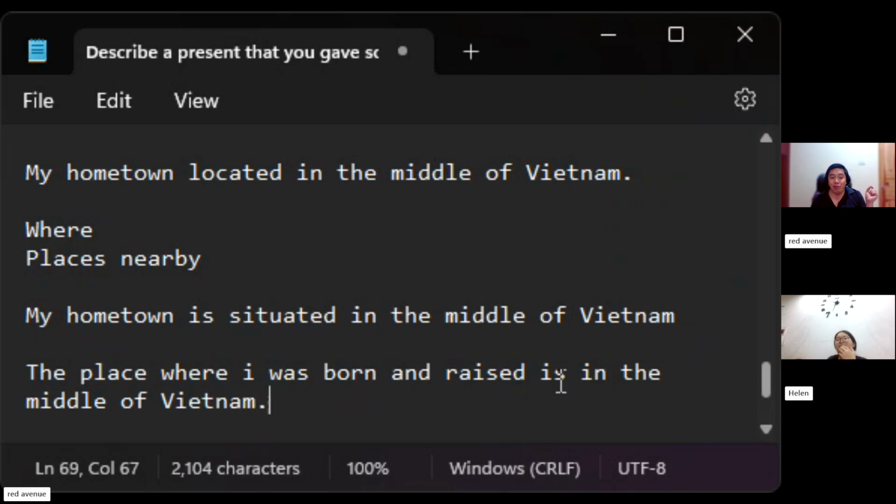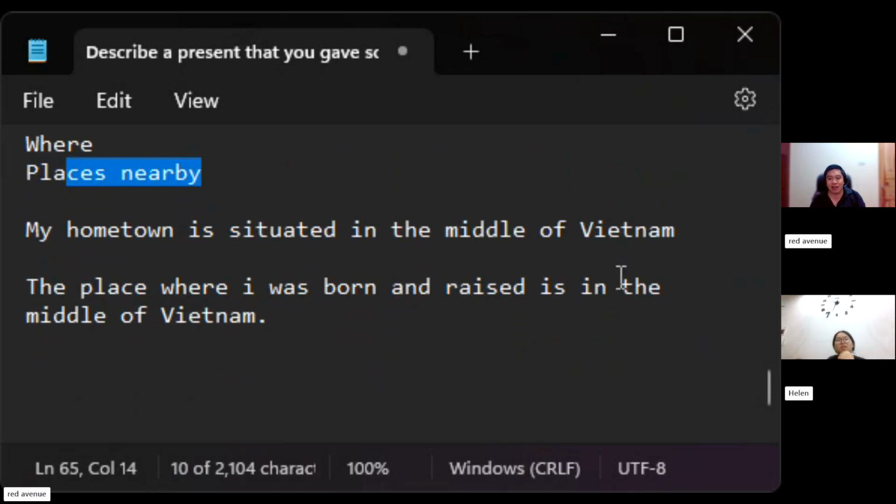Now, we tell the places nearby. What are the places nearby, Quy? Da Nang, or Quang Nam. I think Da Nang is a very famous city. Is it in the northern, eastern, western, or southern part of Da Nang? Southern.